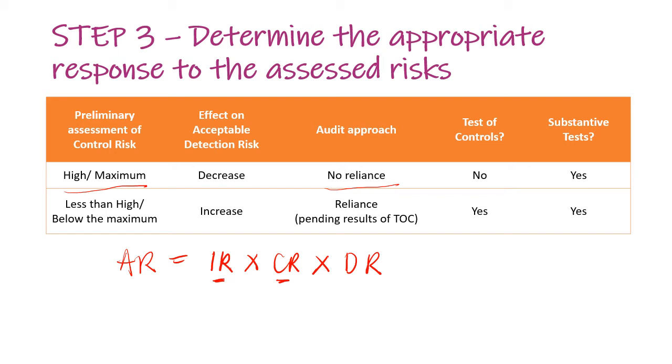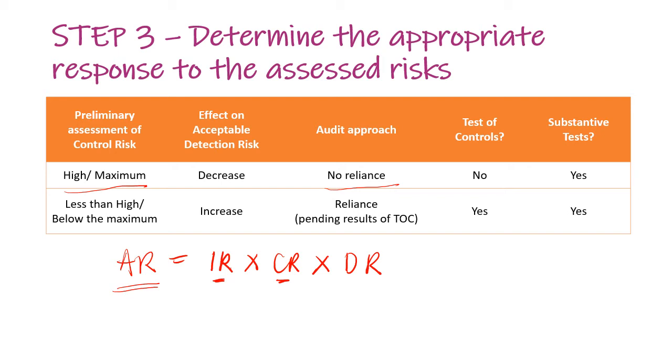Since we want to maintain a certain audit risk, the audit risk is the risk that we will arrive at a wrong opinion because we perceive the financial statements to be clean or free from misstatements.